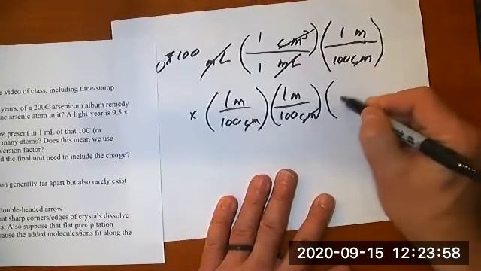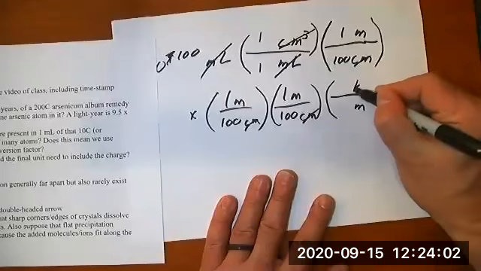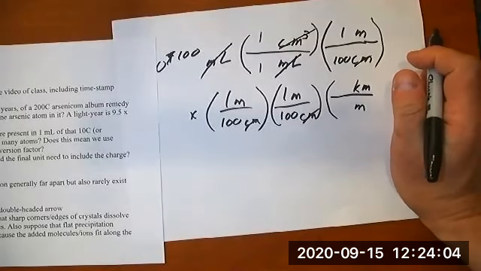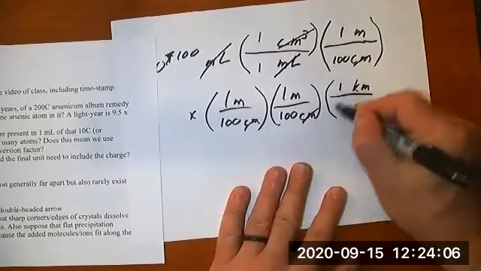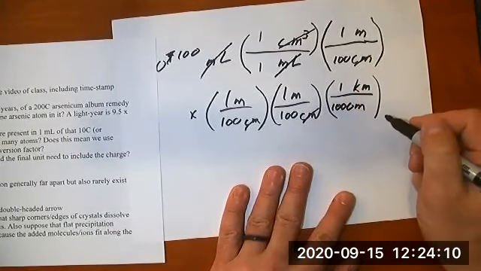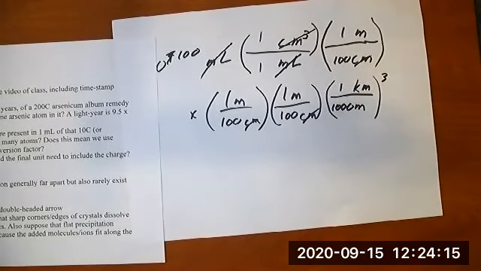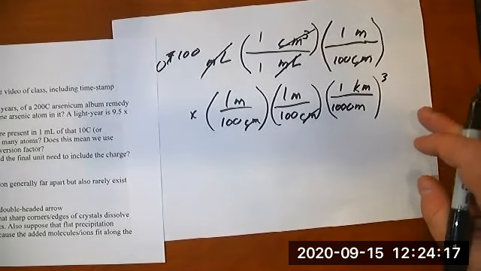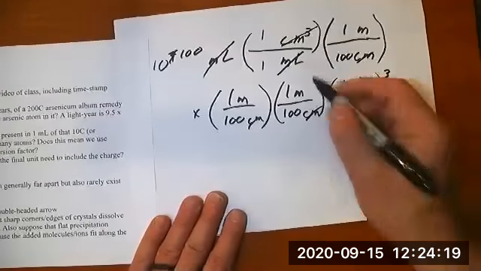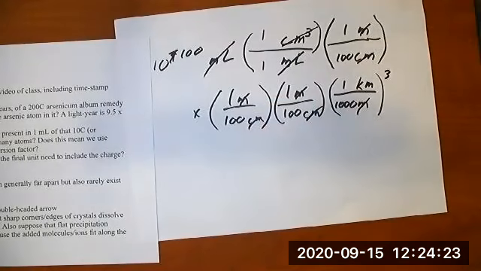So how many meters are there in a kilometer? 1,000. 1,000, correct. All right, and we now need to do that 3 times. So this time I'm going to write it as a cube because I've explicitly mentioned this, so I'm probably not going to forget it. Okay, and so meters, meters, meters, and meters cubed there cancels.